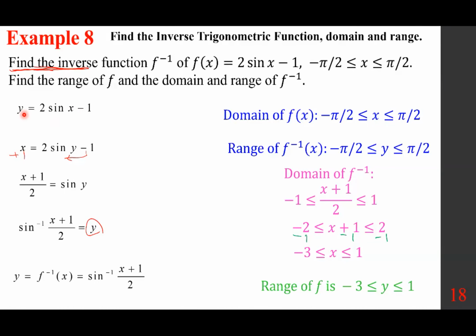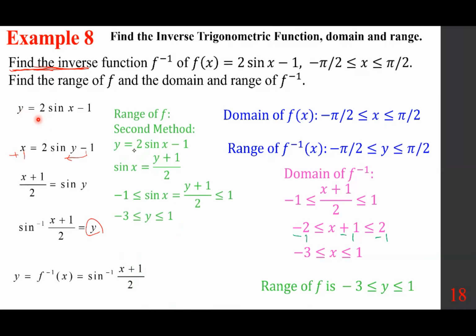So if we move it to the other side, y plus 1 divided by 2, that sine x must be between negative 1 and 1. So first understand this is given. If I move the negative 1 it becomes plus 1, and if I divide by 2, sine x is y plus 1 over 2. So from here, we can go here. And sine must be between negative 1 and 1.